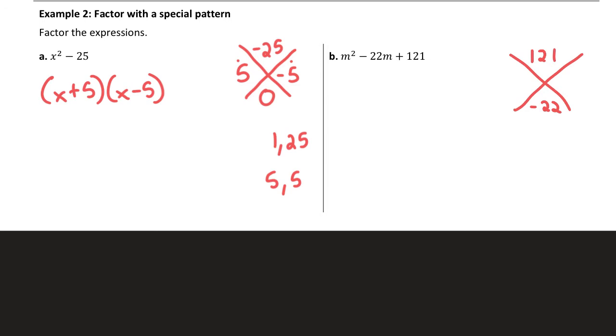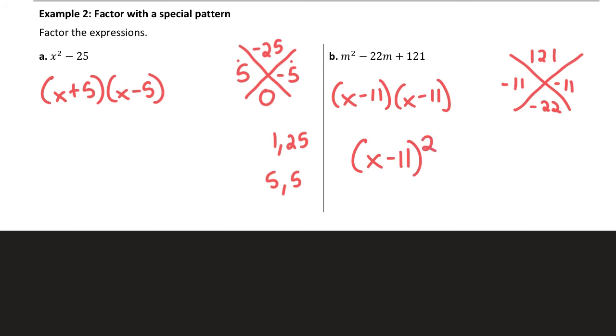So this is a perfect square. The two numbers are negative 11 and negative 11, because negative 11 times itself would be 121. So I would write this as x minus 11 times x minus 11, which really is x minus 11 squared.